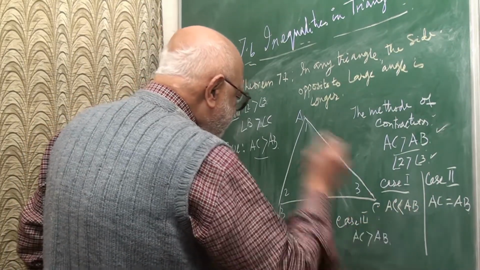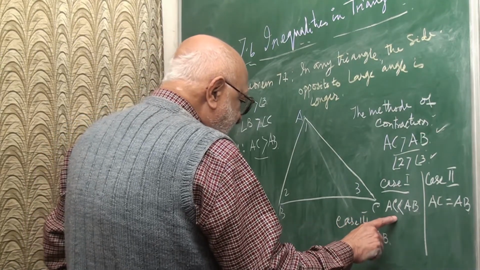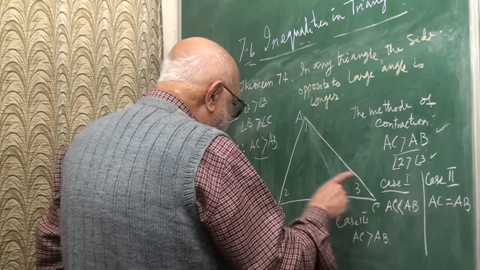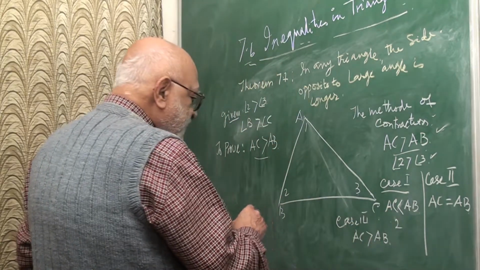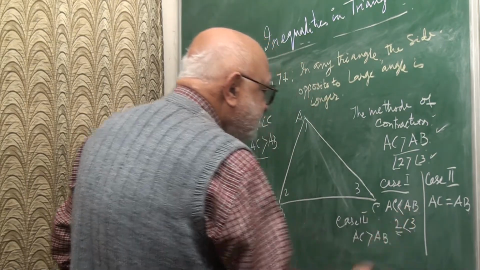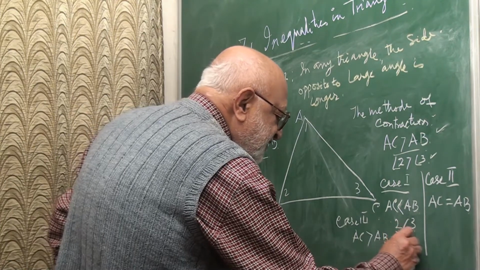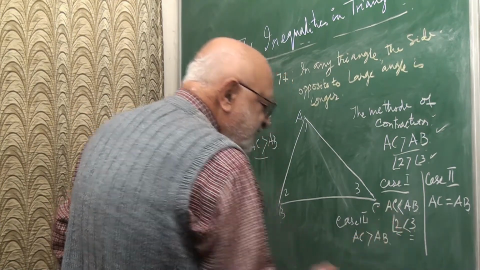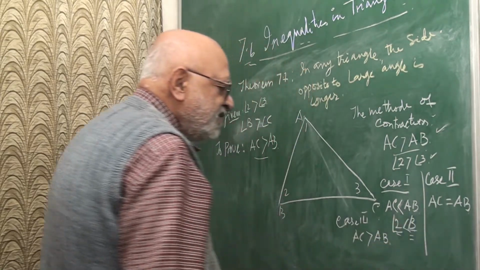Let us take AB is greater than AC. So that means AC is what? Opposite to AC is angle 2, and opposite to AB, the greater side, is angle 3. That means we are saying angle 3 is greater than angle 2. Let me show this angle.